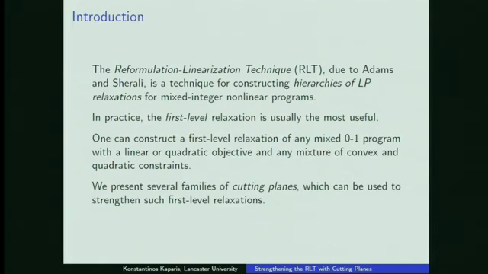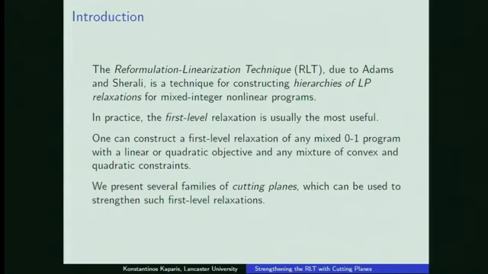So the RLT has been proposed by Sherali and Adams. It has been used to construct LP relaxations, and this hierarchy of LP relaxations is known to span the whole space from the continuous relaxation up to the complete convex hull description of the original problem.